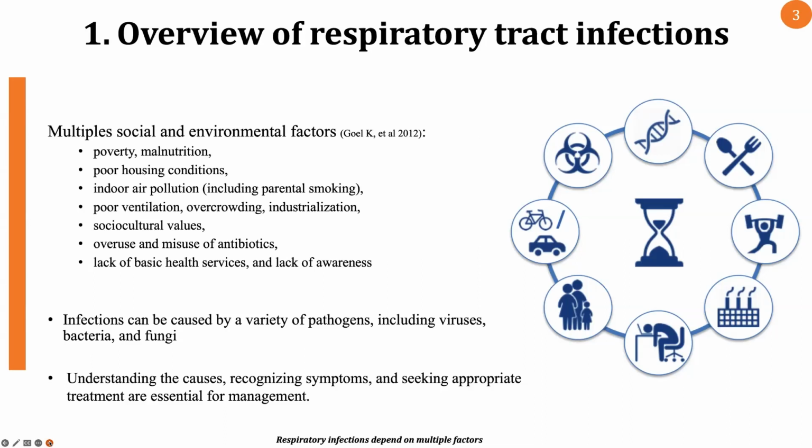This infection can be associated with different pathogens, including viruses, bacteria, but also fungi. It's also important to understand the cause of the infection, and to recognize symptoms in order to give appropriate treatment.